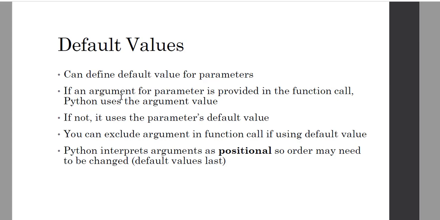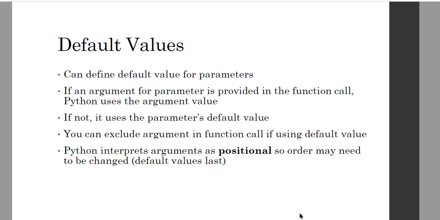So in this bullet right here, it would override the default value if you exclude argument and function call if using the default value. So you can exclude that, and we'll do a couple function calls so you can see the difference. Python interprets arguments as positional in the function definition. So order may need to be changed. The default values will be last.